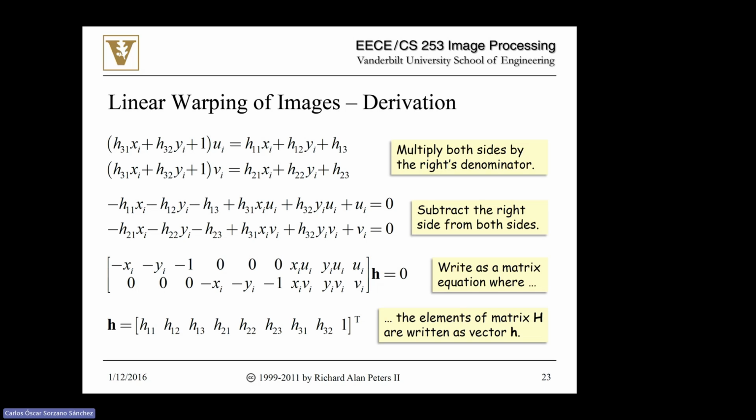The H, so the parameters of the H matrix. So you take H as an unknown, and now you rewrite this again as a matrix. Okay, so let's do it.